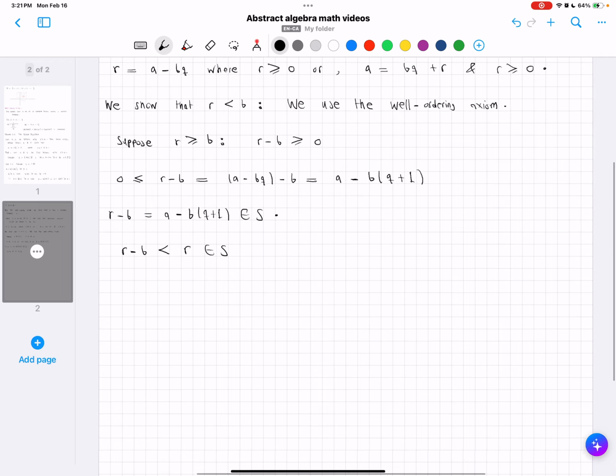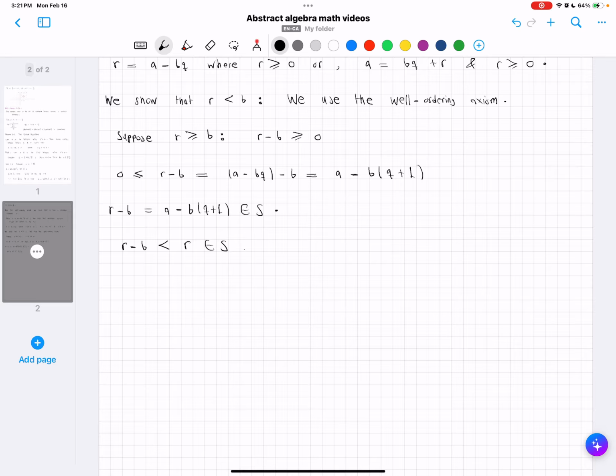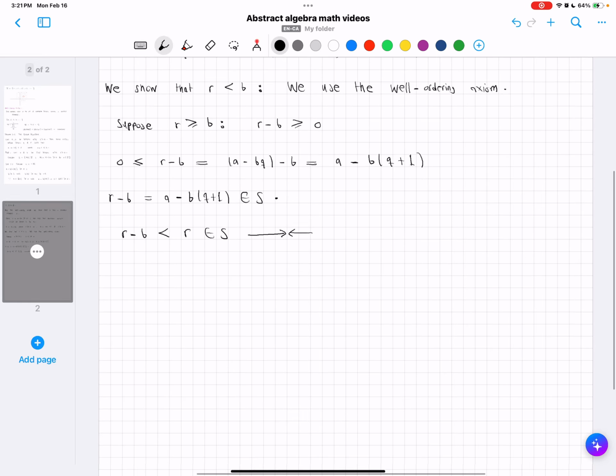So that gives us a contradiction. So the contradiction was achieved from the fact that R is bigger than or equal to B. So we must conclude that R is less than B.